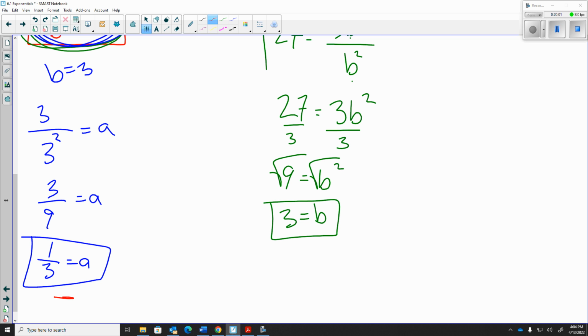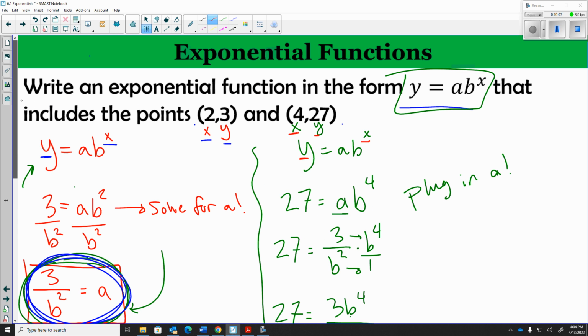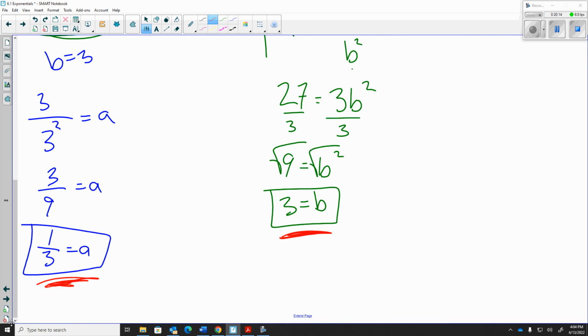Now I've got both my pieces, and I can plug them into the equation to make it look like ab to the x. The general form is ab to the x. I know what a and b are, so it is y equals 1/3 times 3 to the x power.